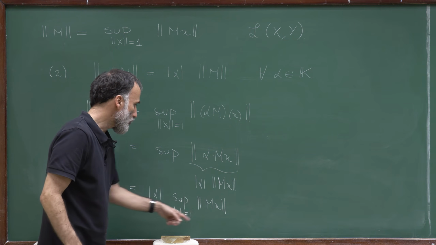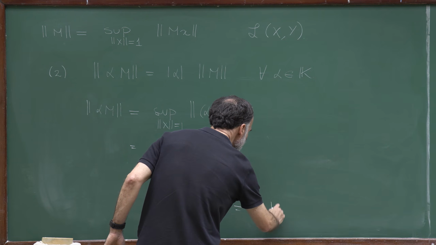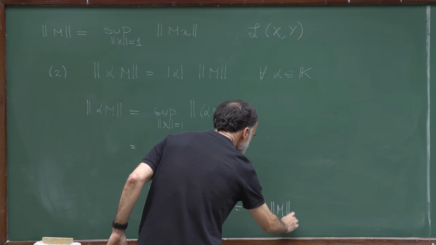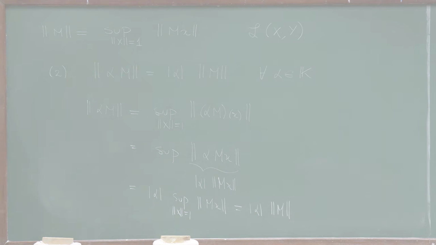But this is exactly the norm of m, so this is alpha times the norm of m, which is the second property we wanted to prove.